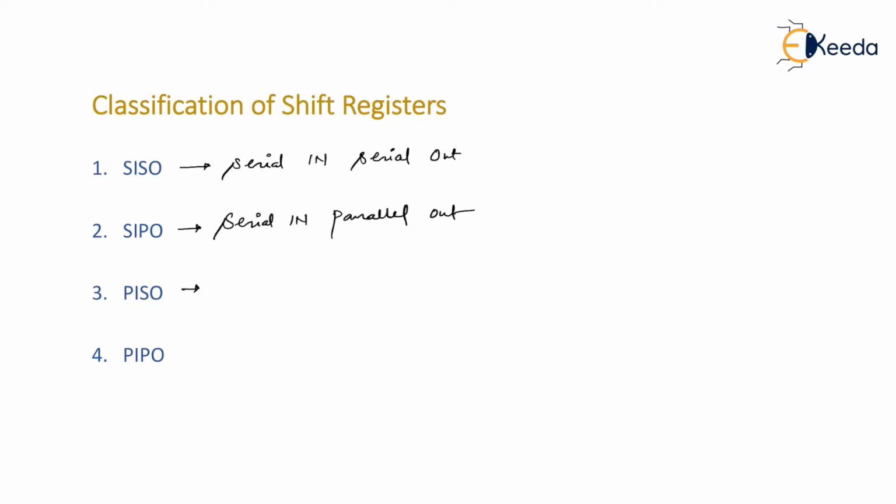I'm sure you must have figured it out, PISO stands for parallel in, serial out. And the last type is parallel in, parallel out. Let us see one by one in detail.